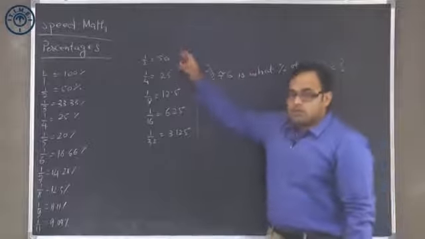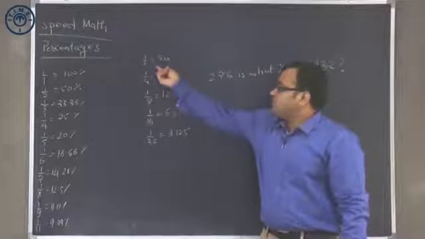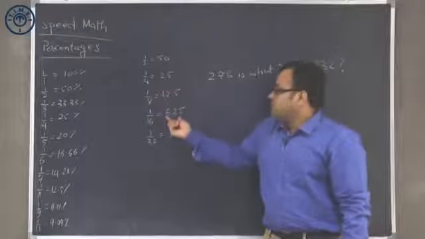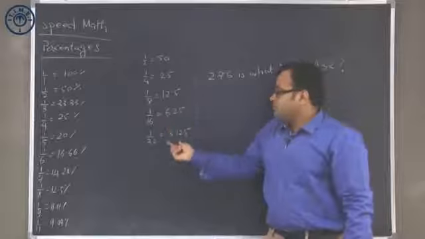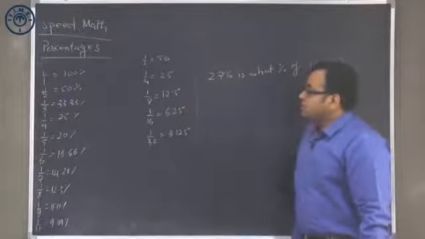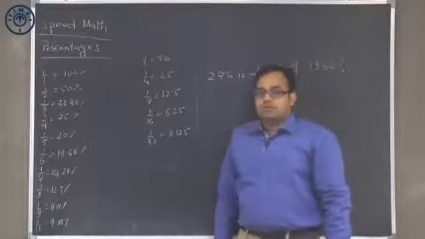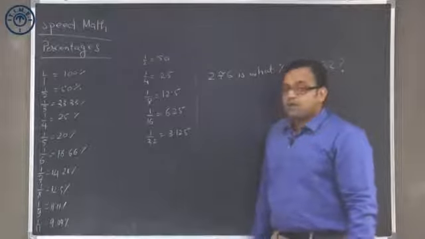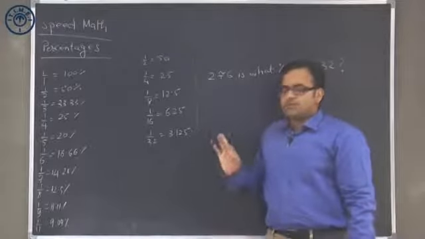What I am doing here is I am looking at the powers of 5. 5 square is 25, 5 cube is 125, 5 to the power 4 is 625, 5 to the power 5 is 3125. So with this I get the numbers for 1/2, 1/4, 1/8, 1/16, 1/32. Next one, we look at 1/3. 1/3 is 33.33.